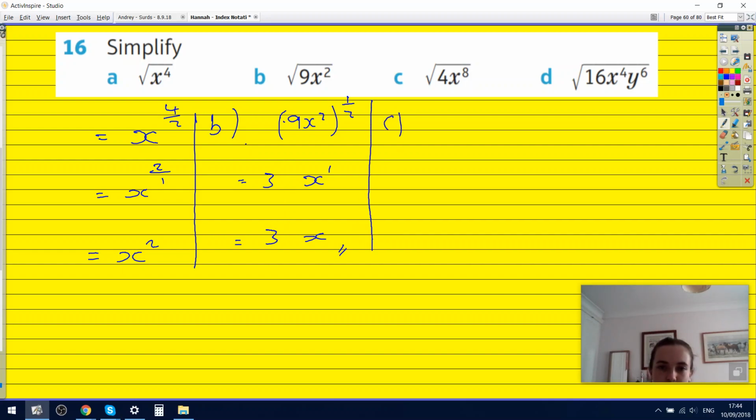Try part C. 4x to the 8 to a half. So then 2x to the 4.